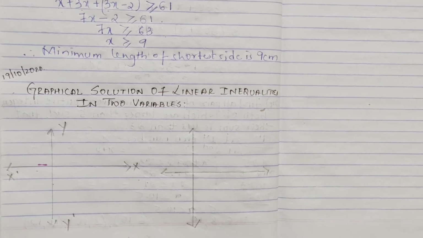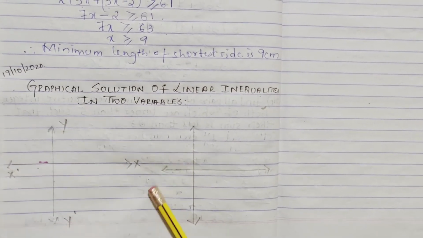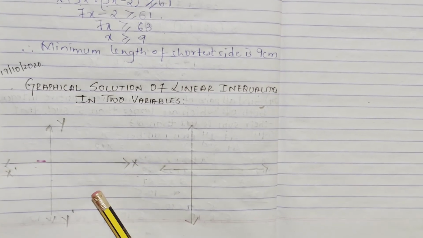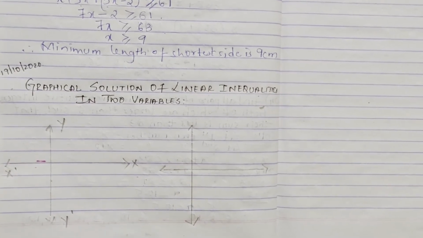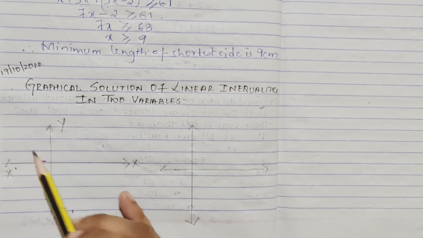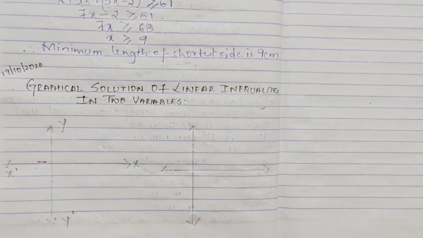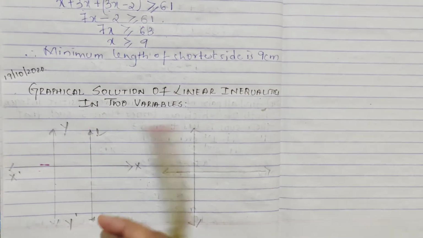Now we know that our Cartesian plane is two-dimensional. When we draw any line, it divides the plane into two parts. Suppose I have drawn this vertical line.